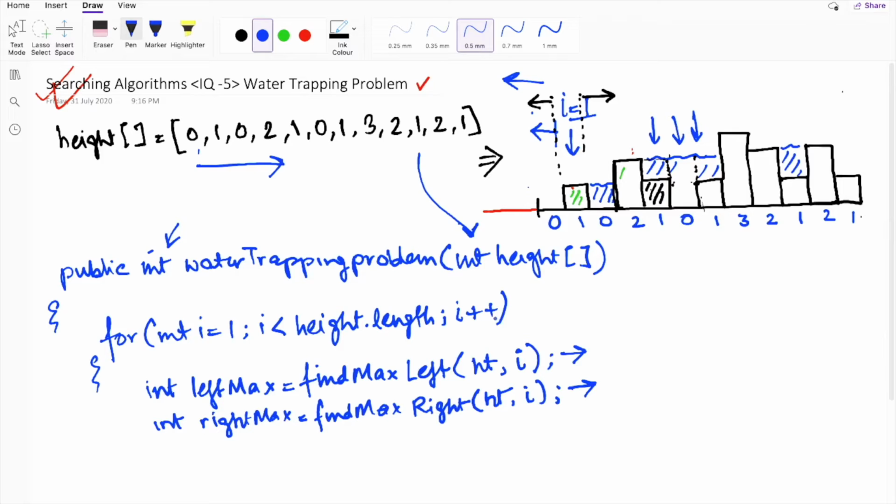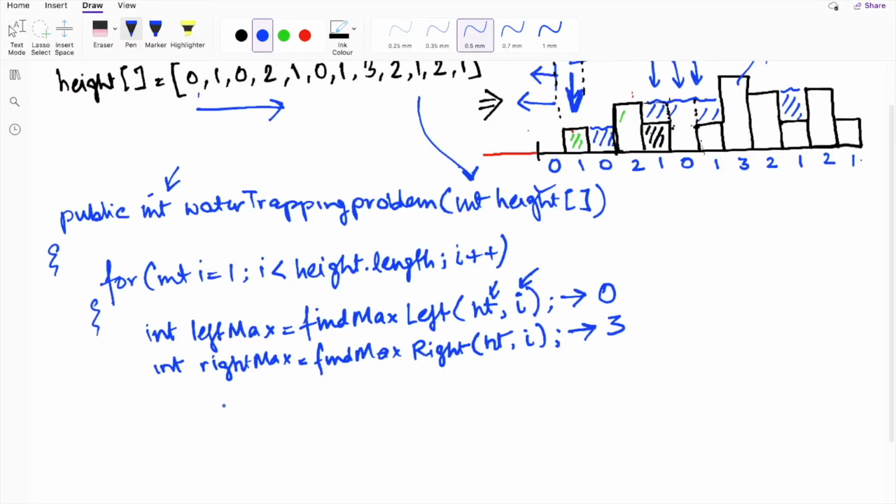So here we are passing this height array and the current index of the block. For the sake of understanding, let's assume that we are iterating on this block, i equal to 1. And this method will return 0 from here, since the maximum height of the block on the left side is 0 and the maximum height of the block present on the right side is 3.